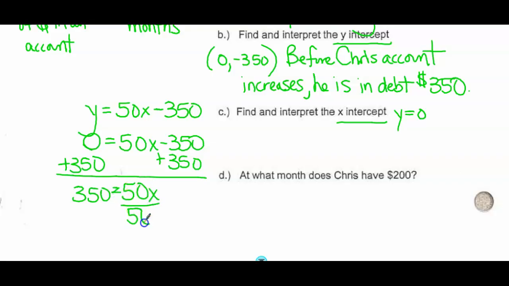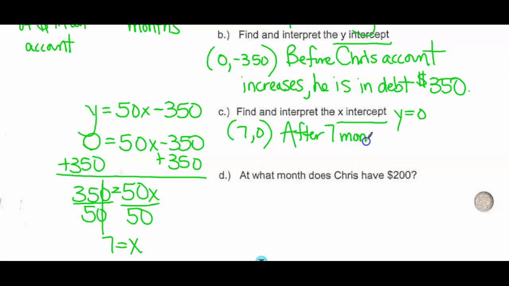And I divide by 50, which is just like dividing 35 by 5, and I get 7 is x, which means the x-intercept is (7, 0). And interpreting means after 7 months, Chris has $0 in the account.